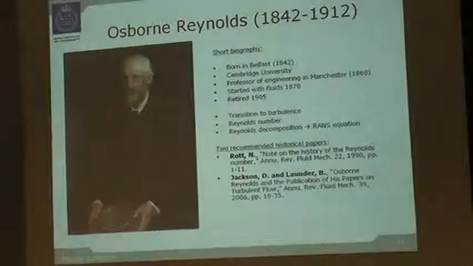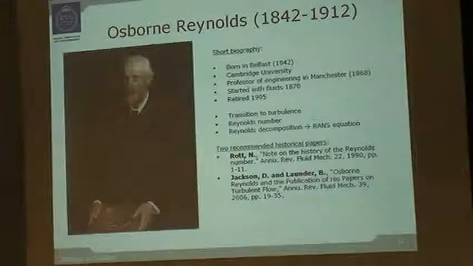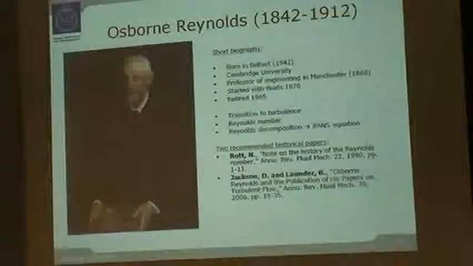Osborne Reynolds was appearing twice in this list. So of course, he is an important person in both transition and turbulence. I don't want to say too much about it, but I just want to mention these two papers written about Reynolds, not by Reynolds. One is the history of the Reynolds number, essentially what we have here on the board, also how it was introduced, and so on.